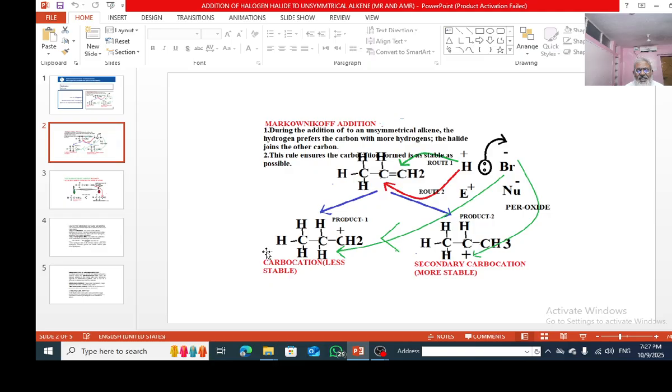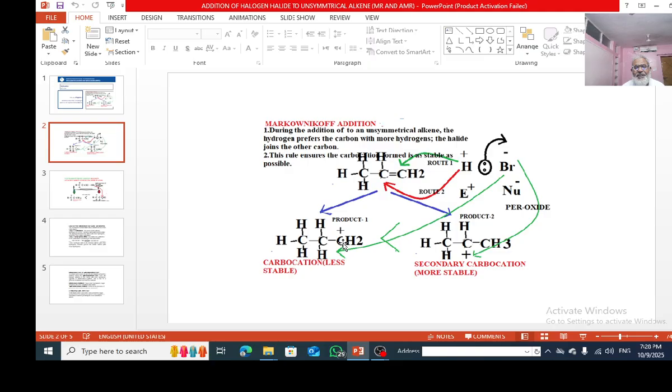And what would happen if the second route is followed? Then there is a formation of a secondary carbocation. Secondary means carbon is attached to two other carbons. Here carbon is attached to carbon number 1 and carbon number 3, so this is known as secondary carbocation. And here this carbon is primary because it is attached to only one carbon.